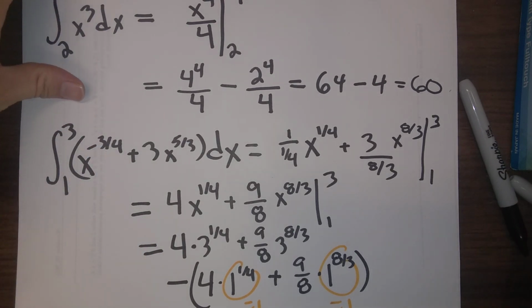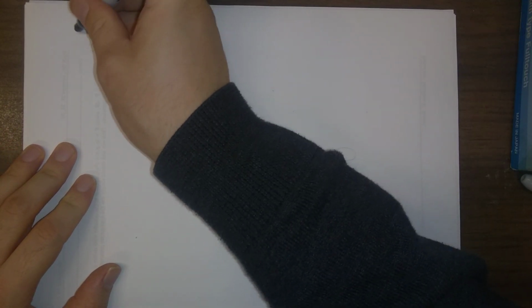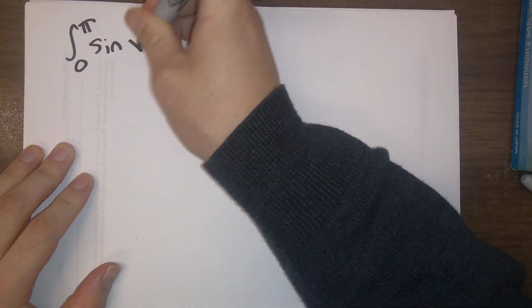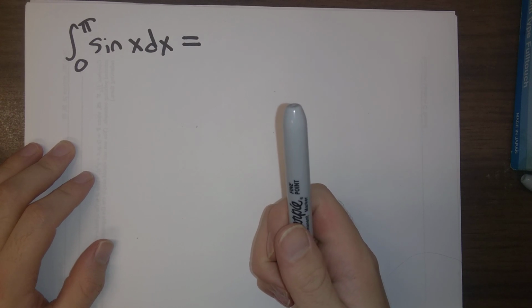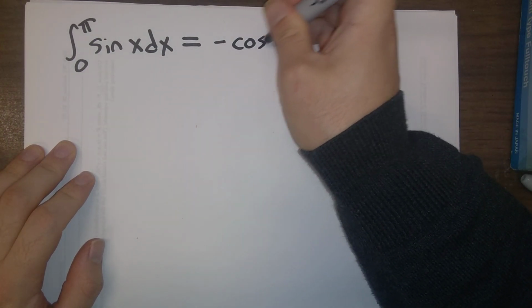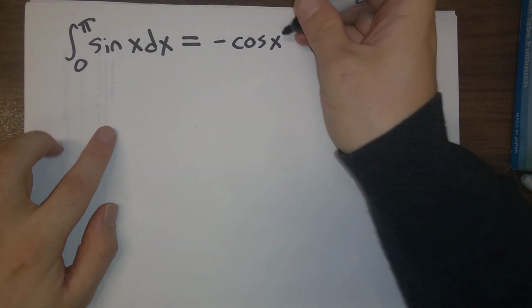Let's do a trig function or two here. So what would happen if we are asked for the integral from 0 to pi of sine x dx? Well, we know that the antiderivative of sine x is minus cosine x. Take the derivative of minus cosine x, you get sine x.